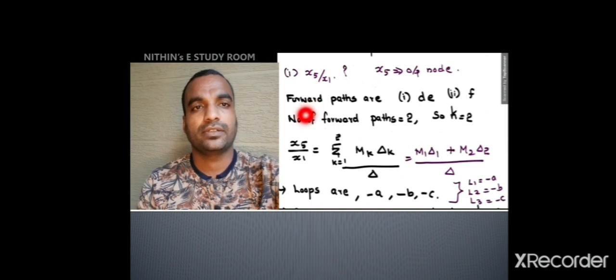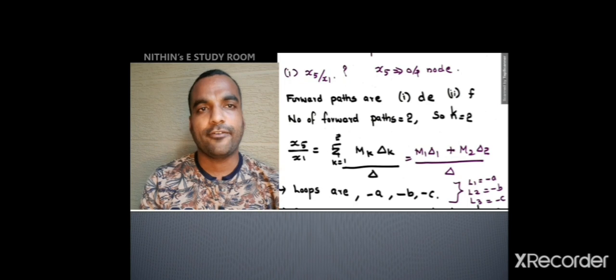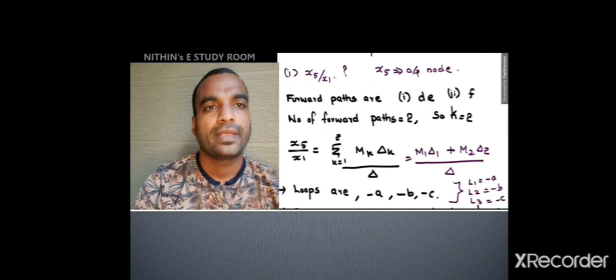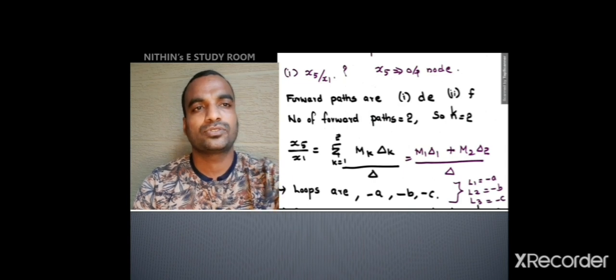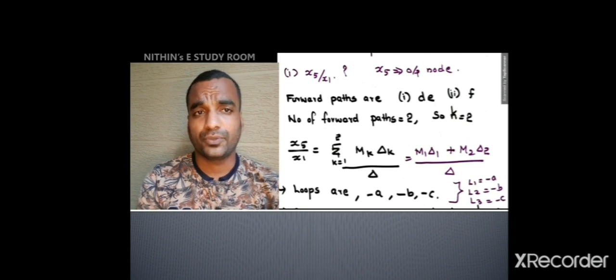You can see the forward path gains are de and f. So the number of forward paths is 2 and N is equal to 2. Here also the same mistake happened. Sorry, it is N, please correct. N is equal to 2. K may be 1 or 2 as N is equal to 2.